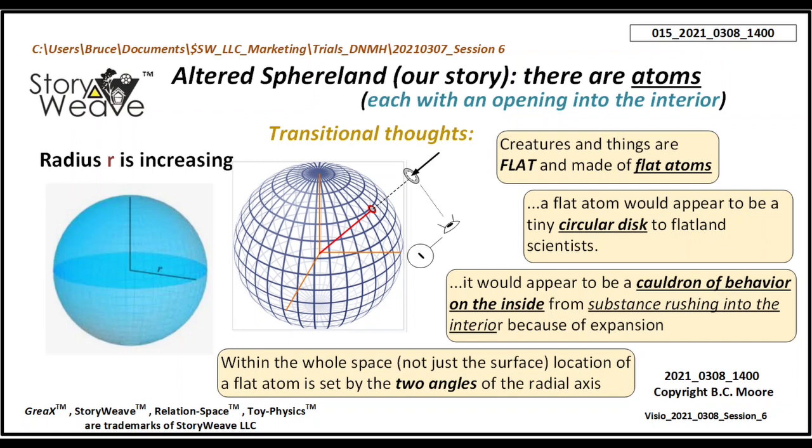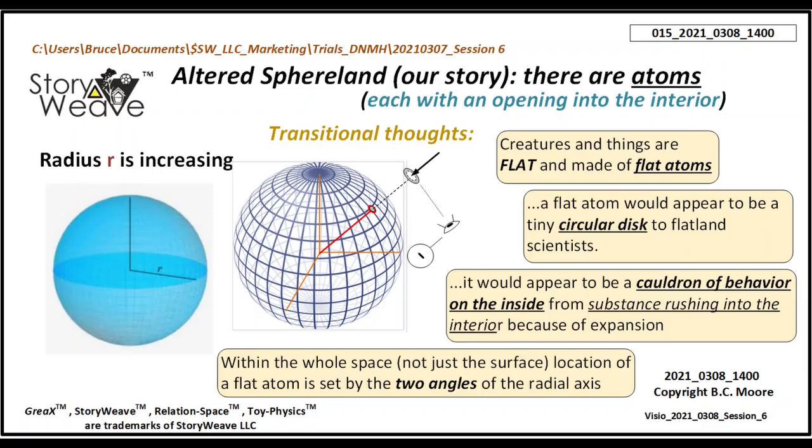So we're going to talk about what atoms look like. Now let's walk through image 015. You see the globe there, and that picture is of a flat atom, and you see it's located on an axis. And as the balloon expands, substance rushes in, just as if you expanded a balloon that had holes in it and you somehow could make it expand, then air would rush in.